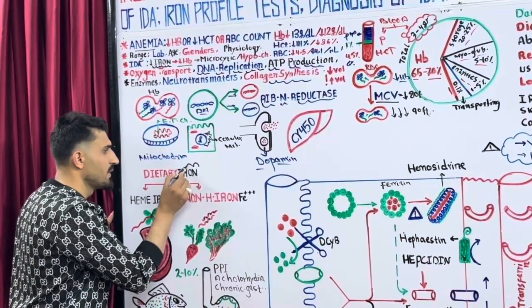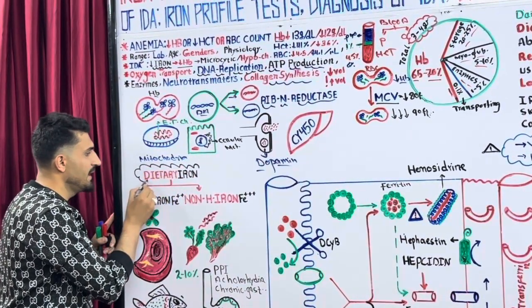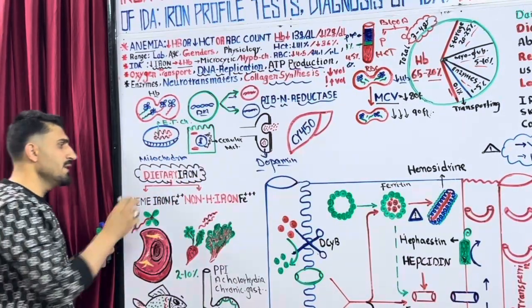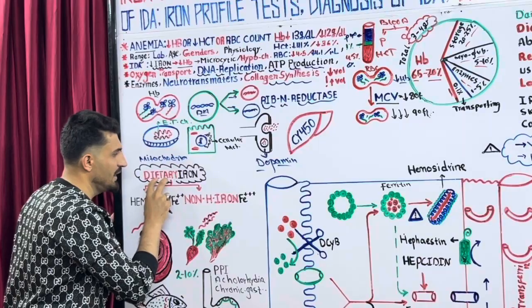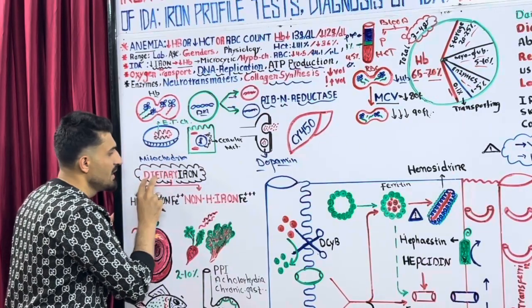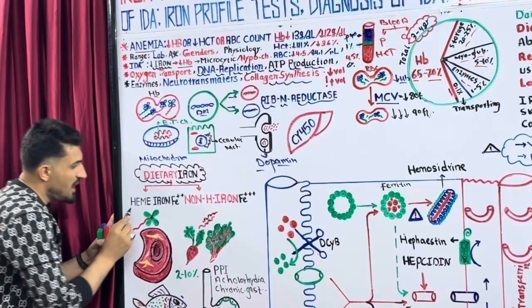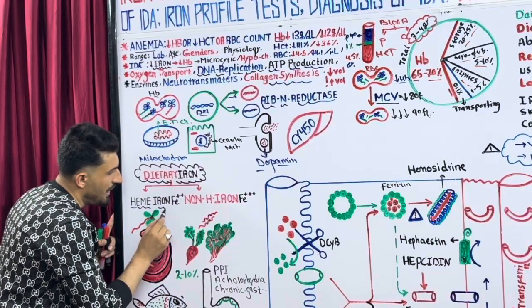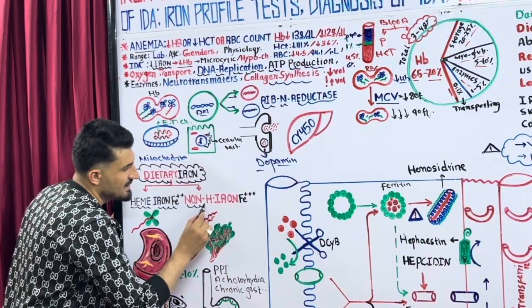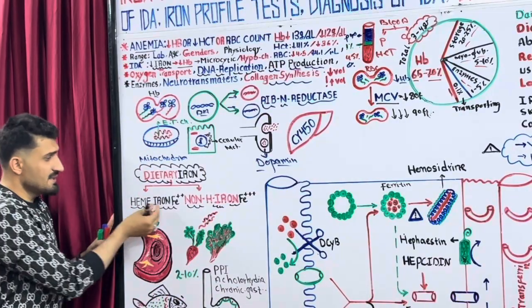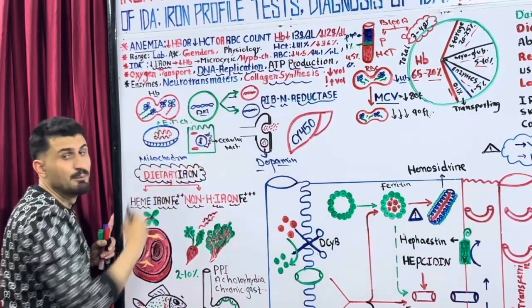First of all, we have dietary iron. For example, when we take food, this is called diet. In a diet, we have two types of iron. One type is called heme iron, and another type is called non-heme iron. Heme means that the iron is inside the hemoglobin.